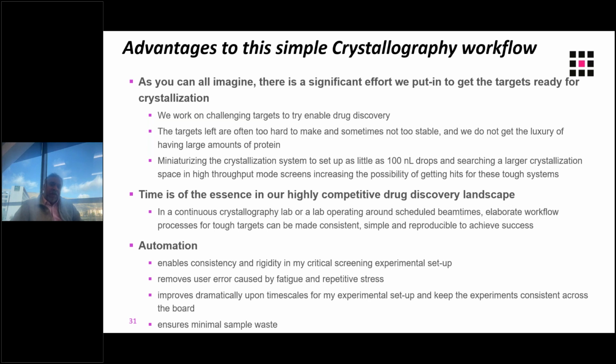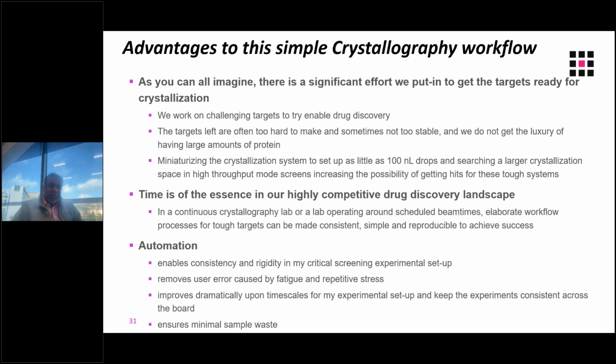Of course, being able to include automation is a very critical part of this workflow in today's crystallography space. This, I found, and as most of you might be aware, enables consistency and rigidity in several of the critical screening experiments. It certainly removes user error, as you are all aware, that can be caused by several reasons.